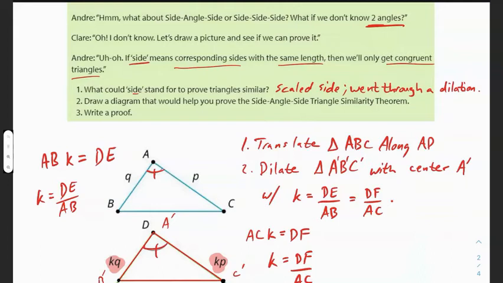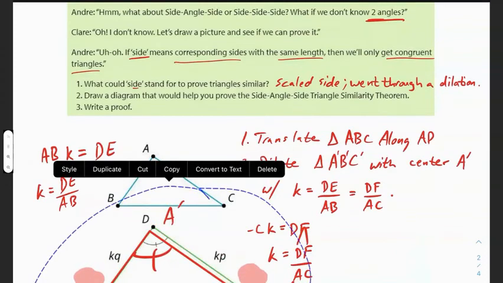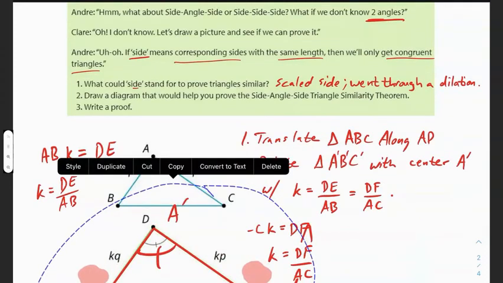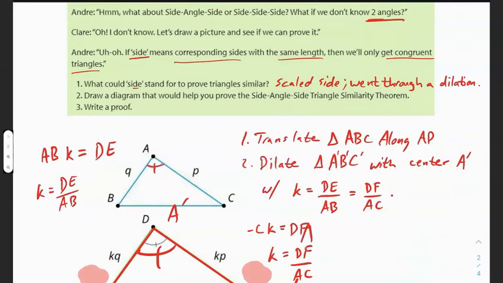You need the same scale factor for both sides, and you definitely need to know at least one angle. So this would work, because you have a sequence that would get you there. Now let me show you the dilation, and the dilation will get you right where you need to go. So that could have worked.